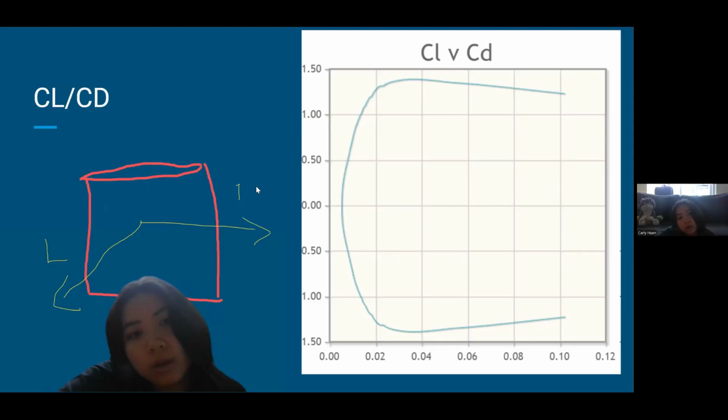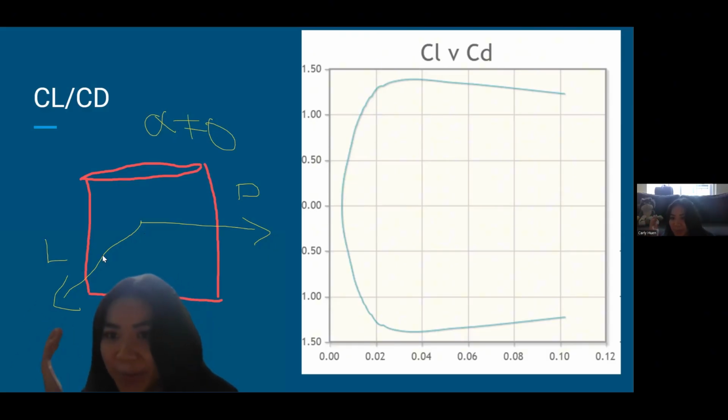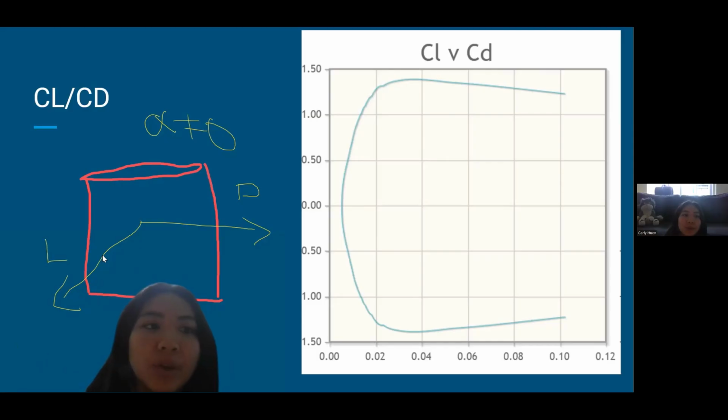When you steer, alpha is not zero, so we're steering, right? You want there to be some lift force so that the thing would actually steer in the correct direction. But here's the conundrum that we're in.